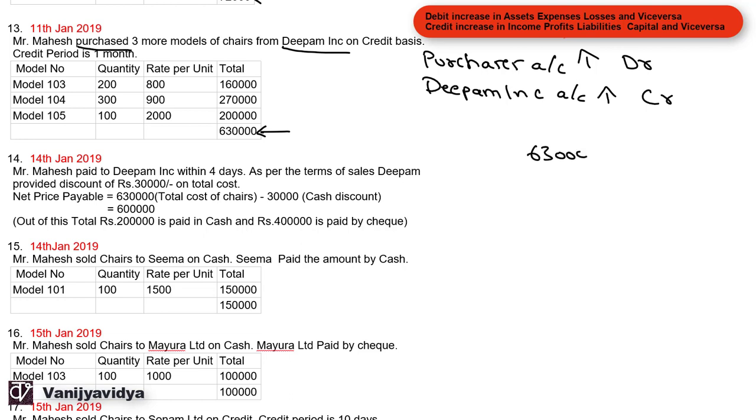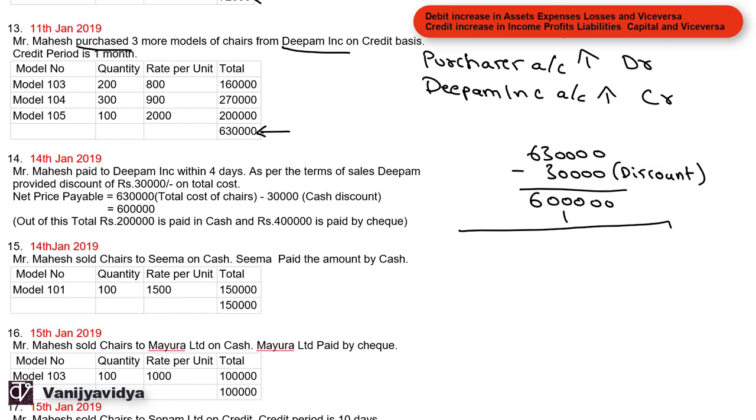So 6,30,000 was the total price, out of which he got 30,000 as discount. So balance amount that is payable was 6 lakh. Now out of the 6 lakhs, 2 lakhs is paid in cash and 4 lakh is paid by check.